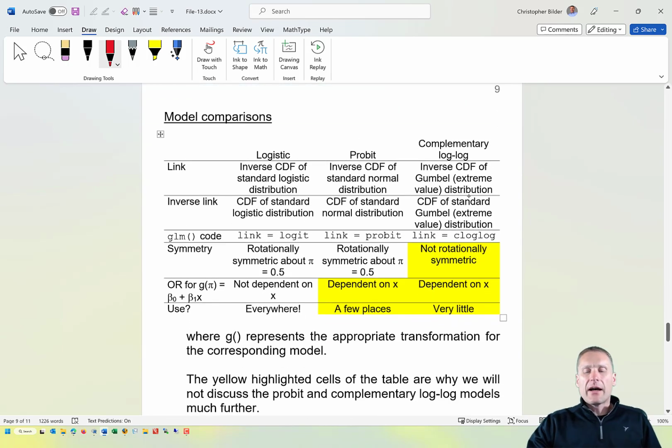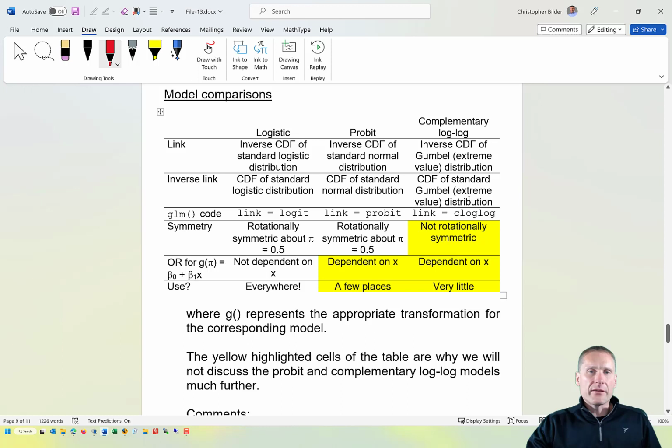So this table, next in my notes, helps to compare these 3 different binary regression models: the logistic regression model that we've taken a lot of time discussing, probit, and complementary log-log. The link function for logistic regression is the inverse CDF of a logistic distribution.